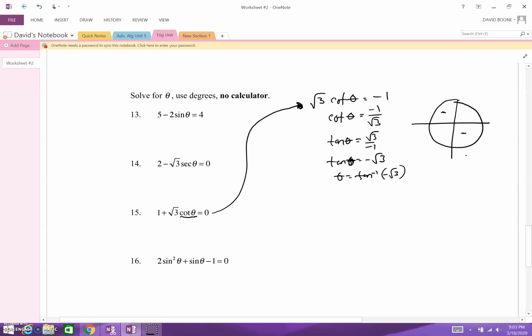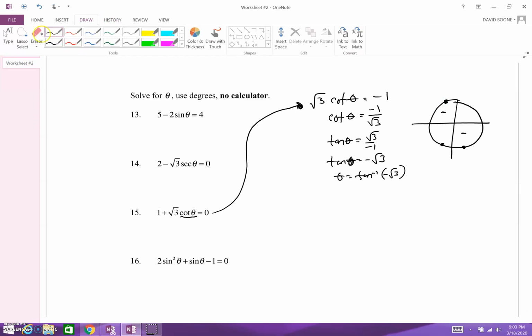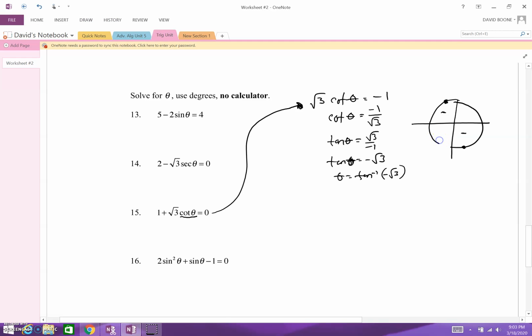And when we think of root 3, root 3 for tangent is going to be right here, and, oops, sorry, right here, my bad. I'm going to be in the negative area, and then right here. Alright, so I'm going to just erase that little piece right there, because that wasn't right.